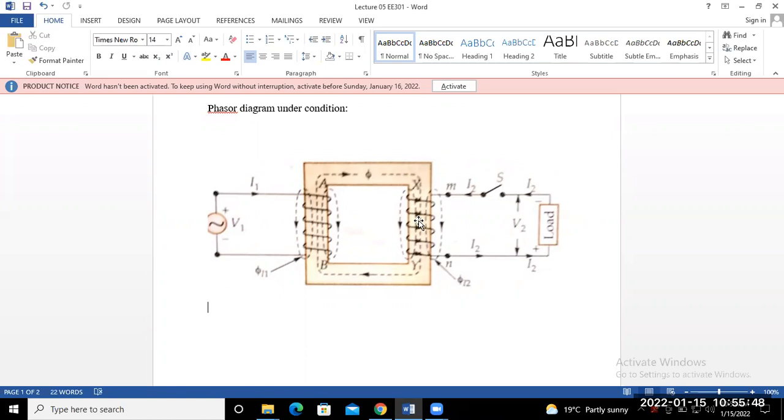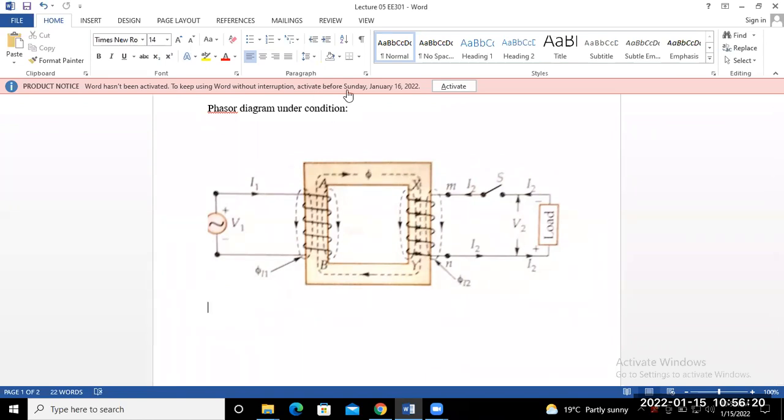And when the load consists of RL, that means resistance as well as reactance, in that case the lagging angle is less than 90 degrees, is it not? That depends on the value of resistance and inductance. Is it clear to all of you?